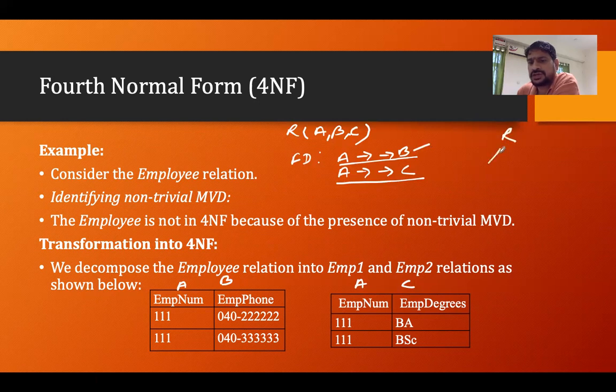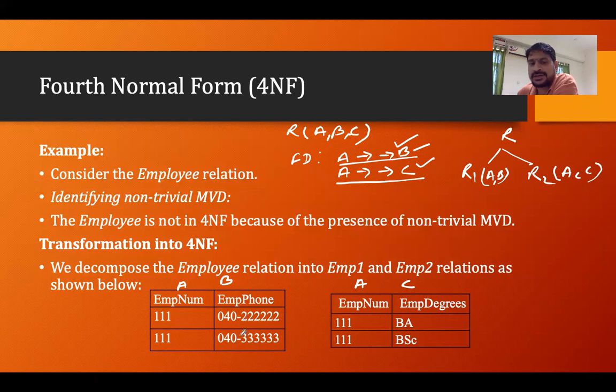So what we'll do is put these attributes in separate tables. The relation will be split into R1 and R2. In one relation we have AB, in another relation we have AC. If we split the table on the basis of the multi-value dependency, then it becomes a non-multi-value dependency, because we have one value of B for each A, right?